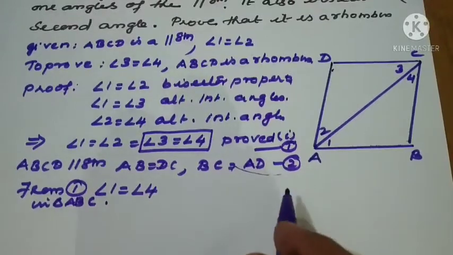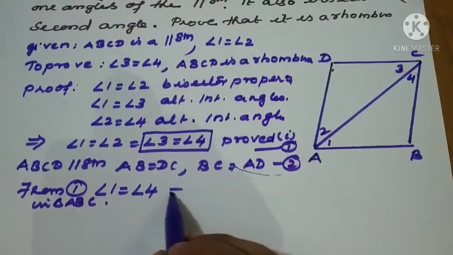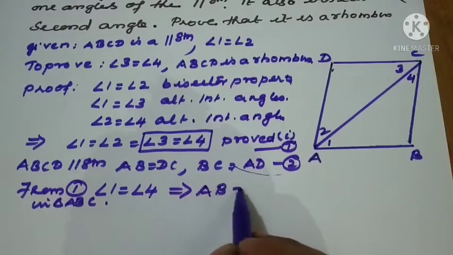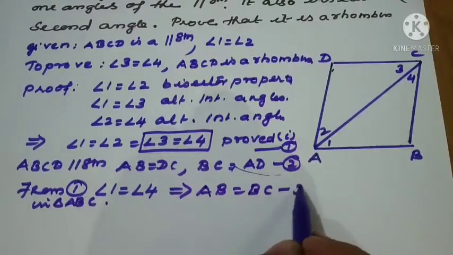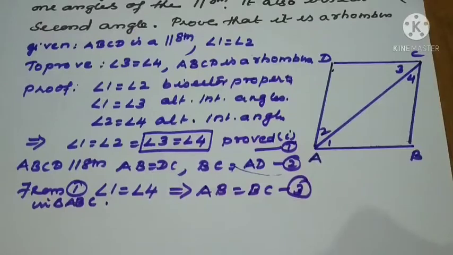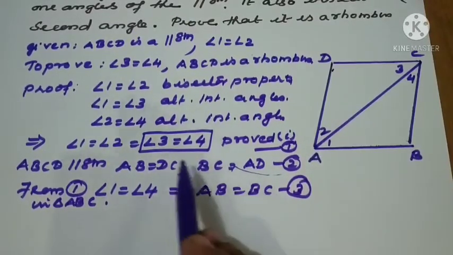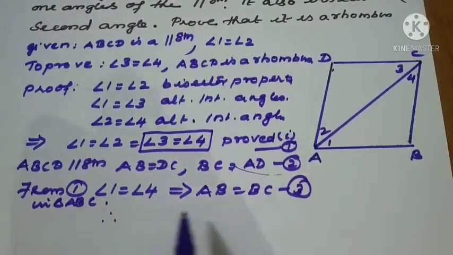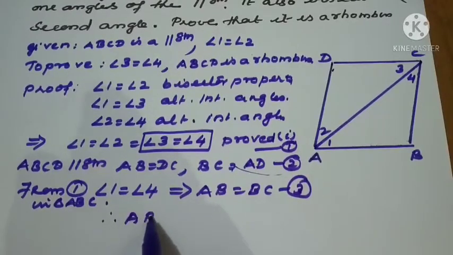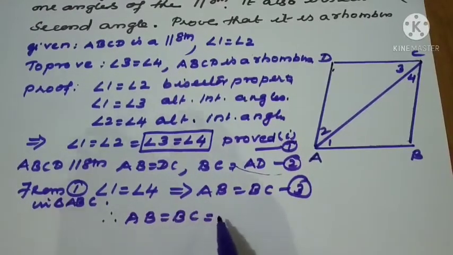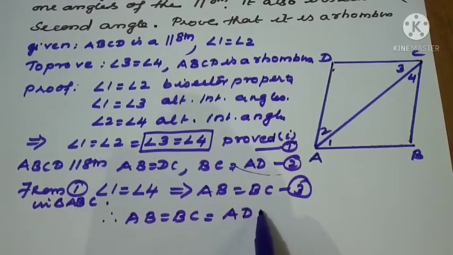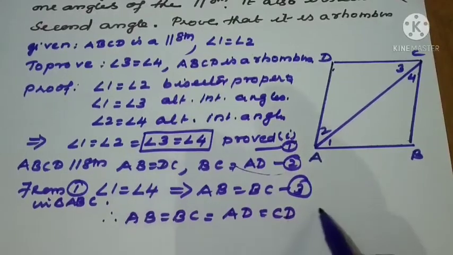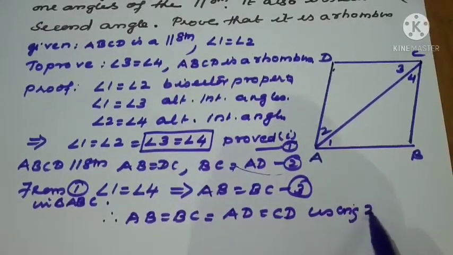So angle 1 equal to angle 4 we got. This implies AB equal to BC. So using 2 and 3, what can we write, AB and BC are equal, that means DC and AD are also equal only. AB equal to BC equal to AD equal to CD using 2 and 3.